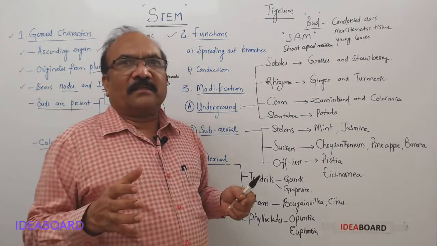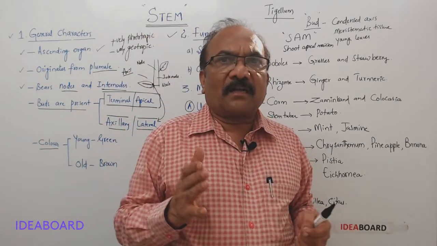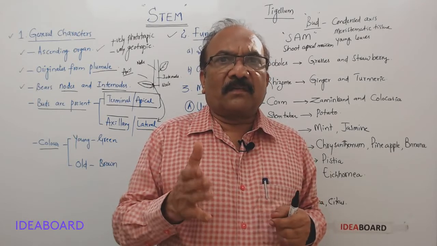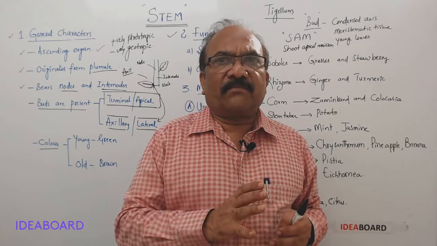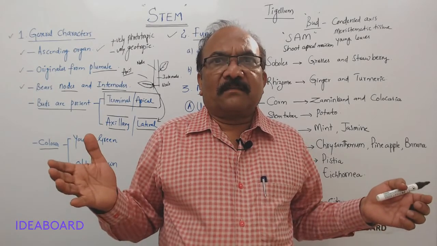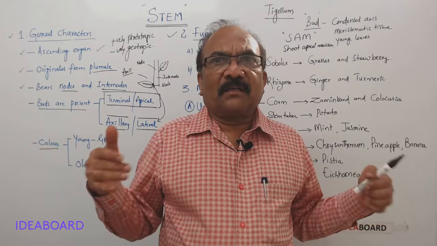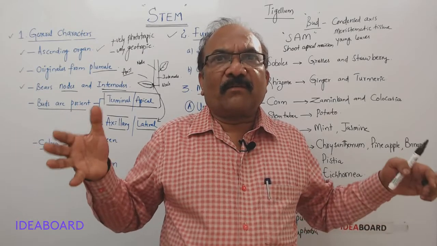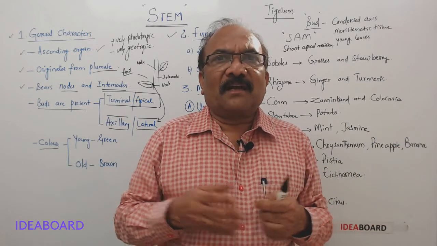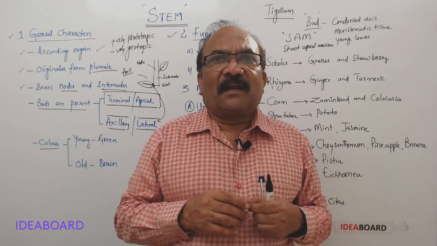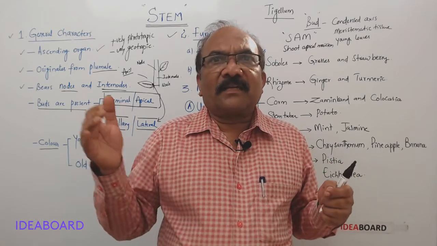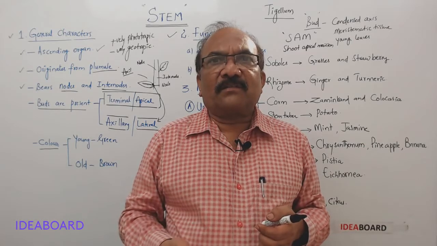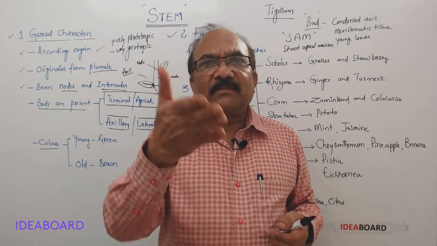Now the next one, you know that the main photosynthetic organ of the plant is the leaf, and the stem has so many branches, and over all these branches there are many leaves, and all leaves are performing what? Photosynthesis and preparing food material. This food material is translocated to different parts, especially the part which is unable to synthesize any food, that is the root system.